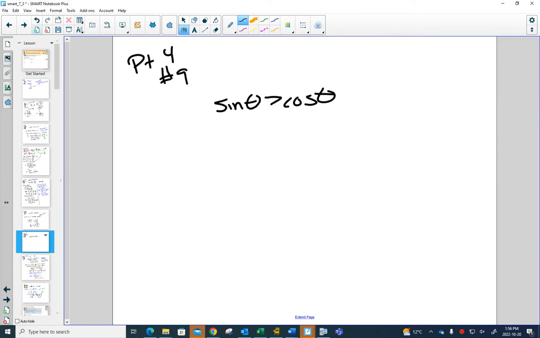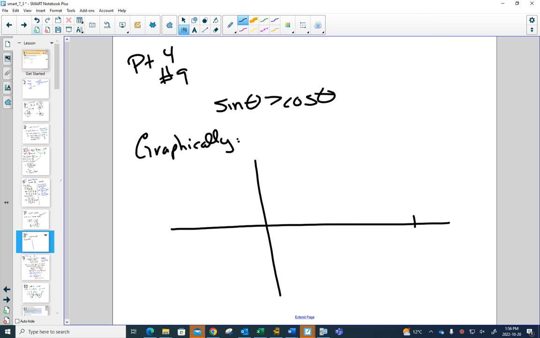And I, again, find for this one, the best way to solve it is using a graph. From 0 to 2 pi. So here's 2 pi, here's pi, here's my axes. Both sine and cosine have maximums of 1 and -1. I'm going to draw sine in green. It starts in the middle going up.